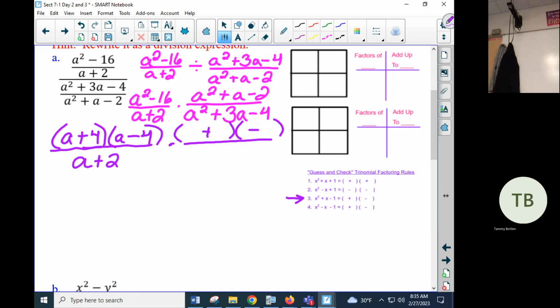And then if it's a squared, we do a and a. If that's -2, what I want to do is find 2 factors of -2. And this is assumed to be a +1. So can you think of 2 factors of -2 that add up to 1?